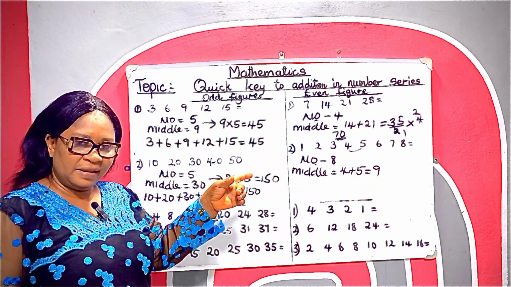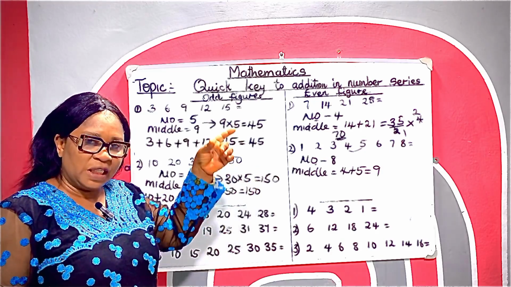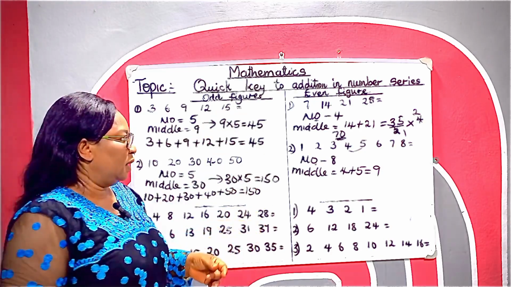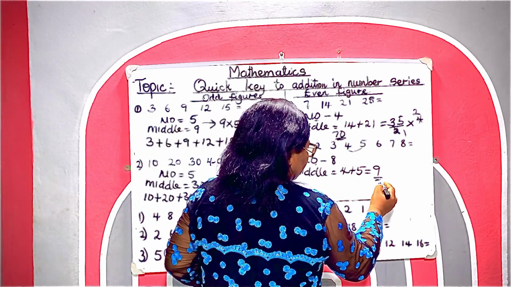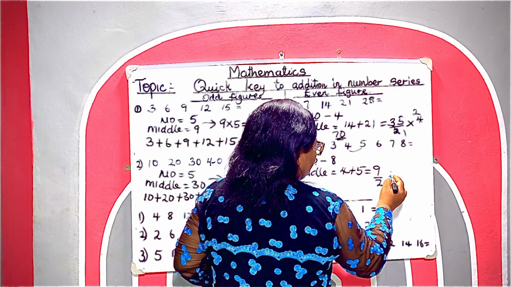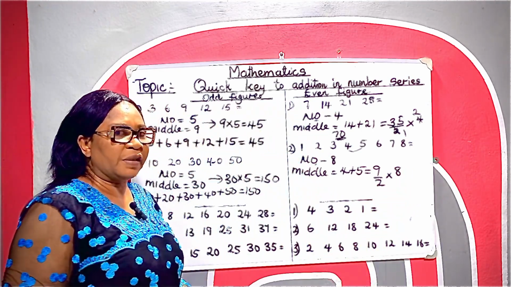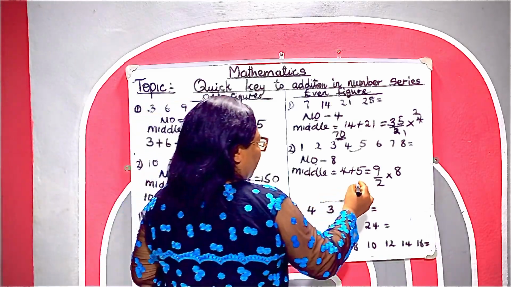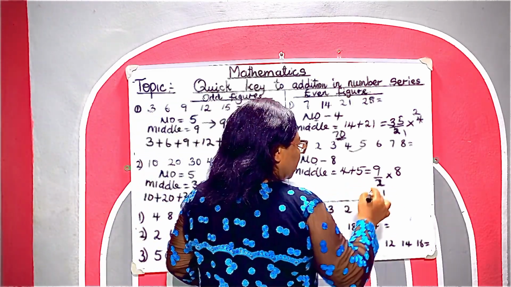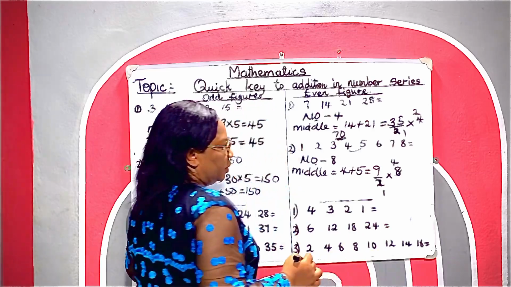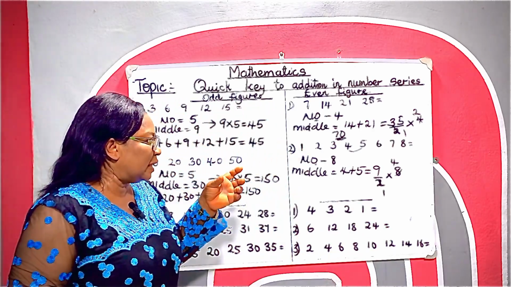That 9, the middle number, divide by 2, times the number of the series. 8 divided by 2 is 4. We now have 9 times 4.